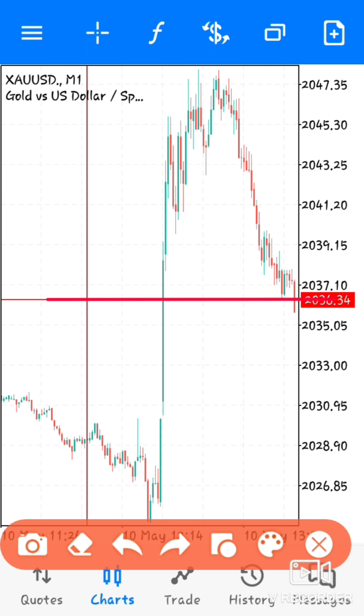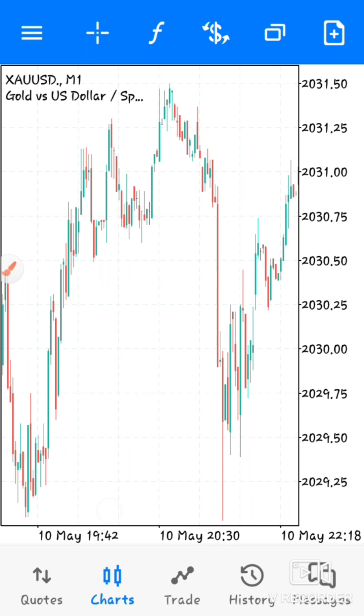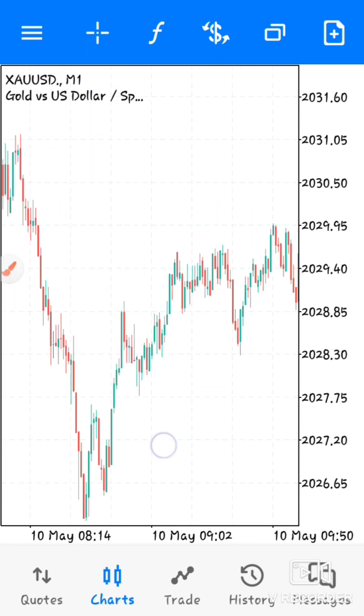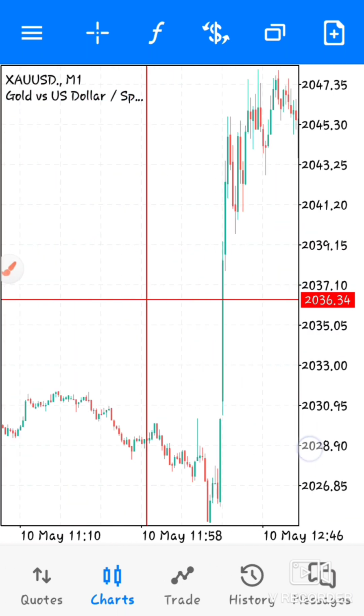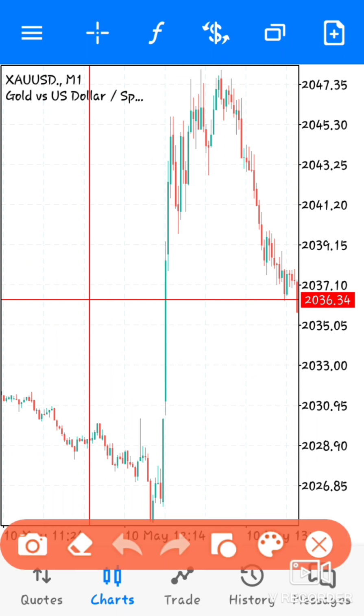So the second strategy is you want to see price get to the resistance level. Let's still use this place as an example.